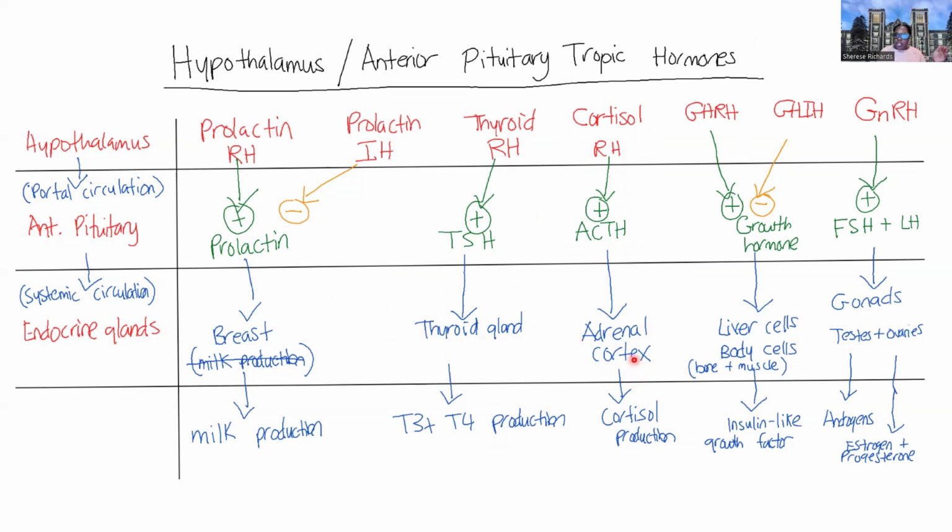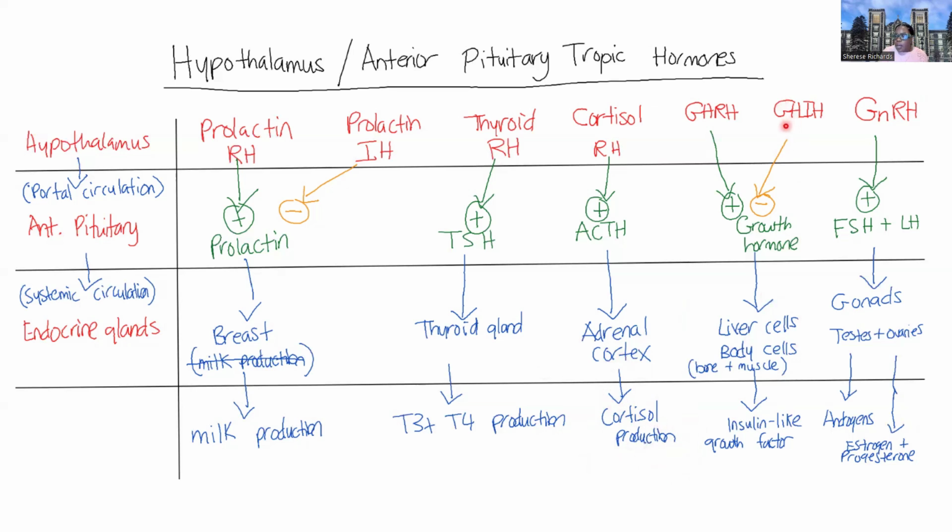Remember, not the medulla, but just the cortex is under control of this axis. And then ultimately leading to cortisol production, but other hormones as well. We'll talk about what those are. So this can be sex hormones, this can be aldosterone. There are several hormones released from the adrenal cortex, but cortisol is an example.